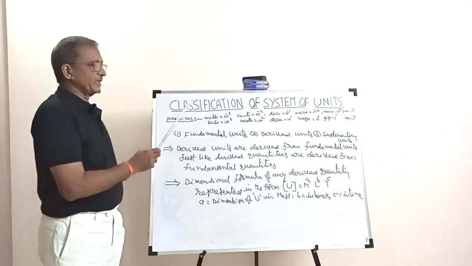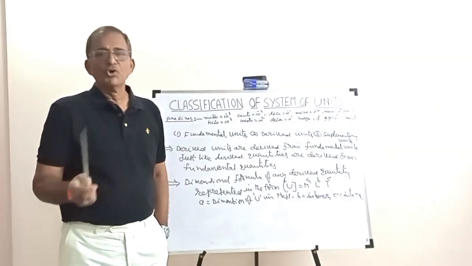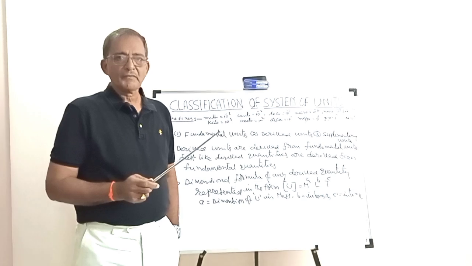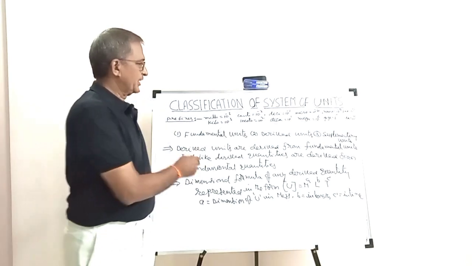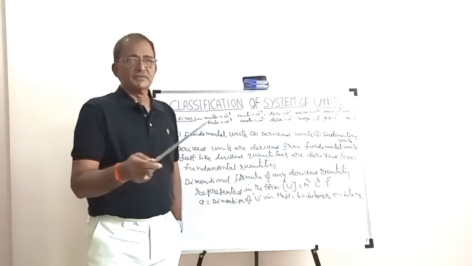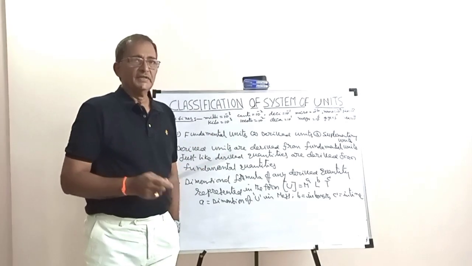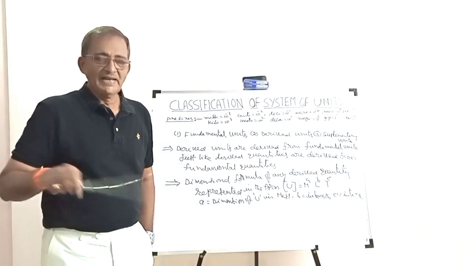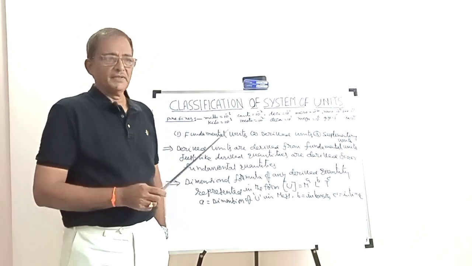For example, 1 kilometer is equal to 10 cube meter. Kilo means 10 cube. That's why 1 kilometer is 10 cube meter, that is 1000 meter. Just like that, these prefixes are used in representing or relating practical units with the SI units.